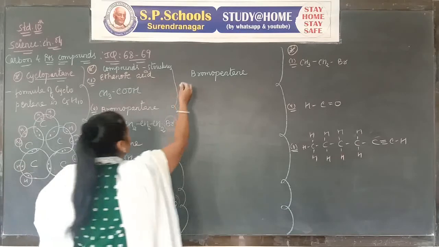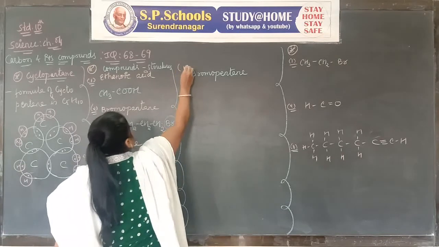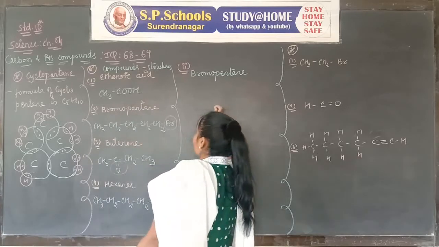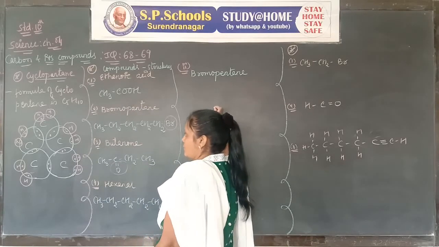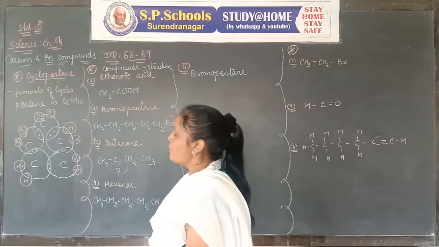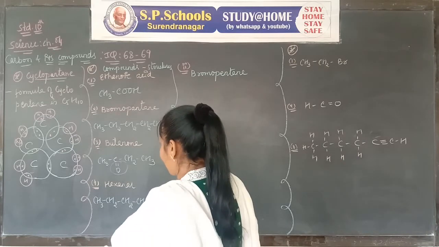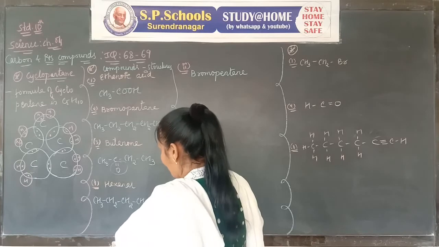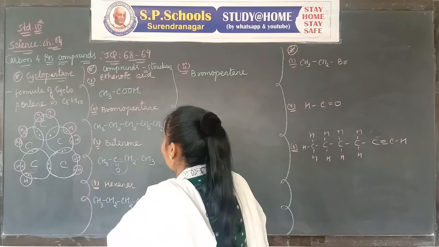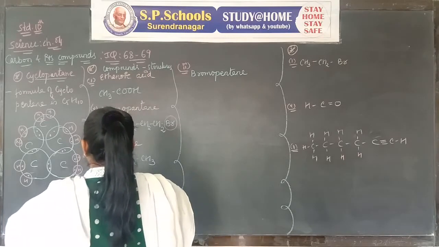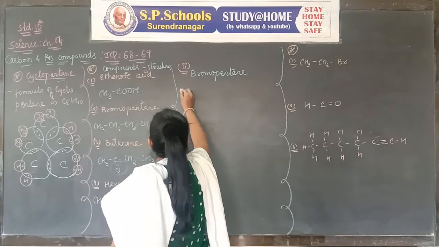In case of the second, we write the possible isomers of bromopentane. Let's start with the normal structure of bromopentane.